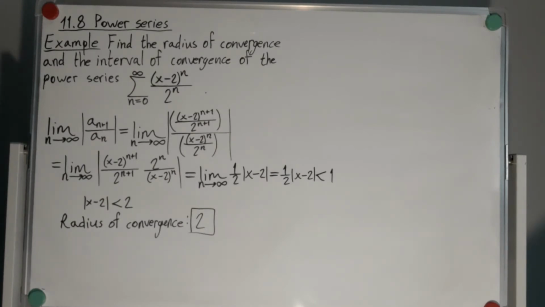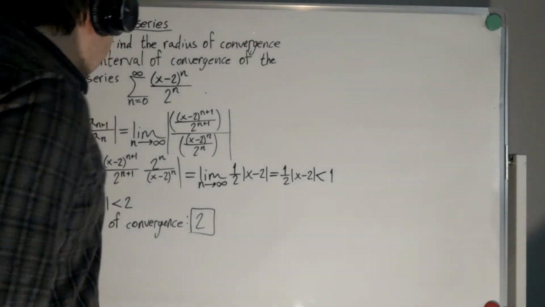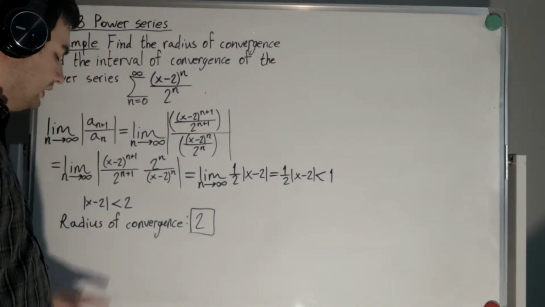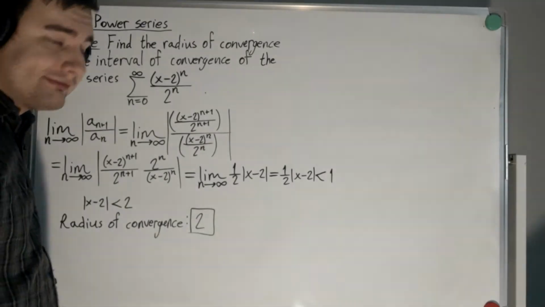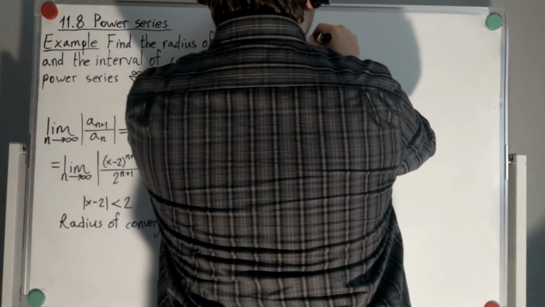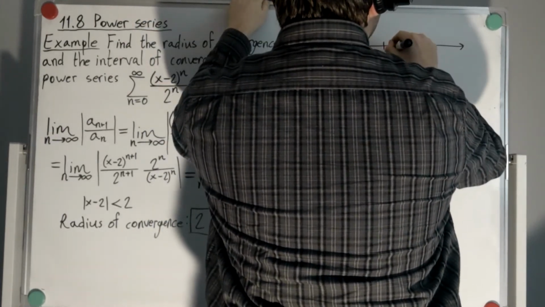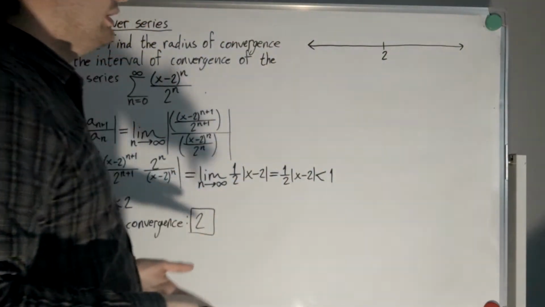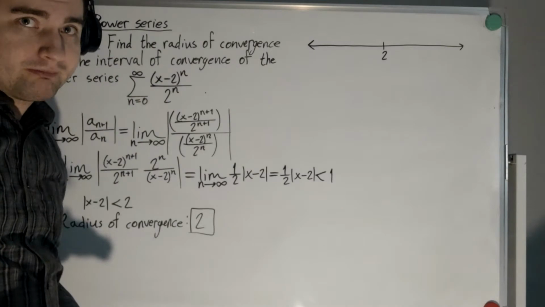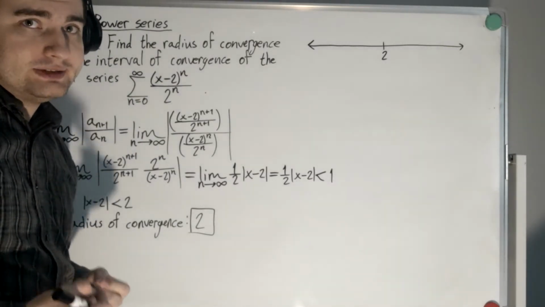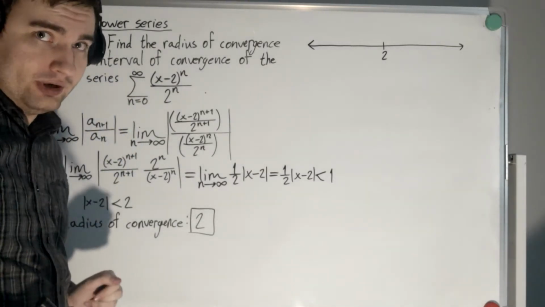All right, now, the center here is 2, and the radius of convergence is 2. So if we were to put this on some kind of number line, we have 2 here, and that's our center of convergence. We don't want to be a distance of more than 2 away from that point.